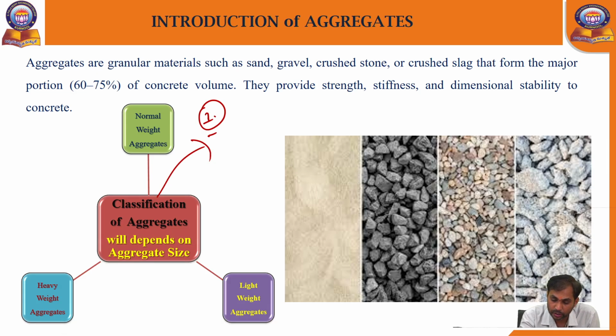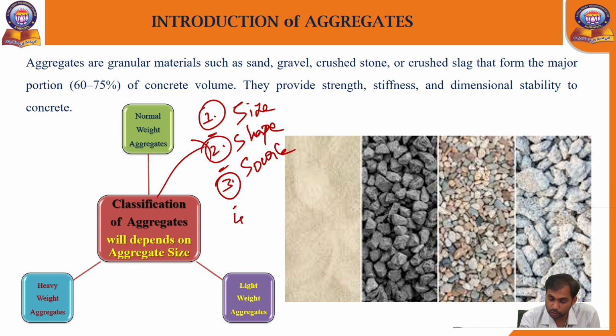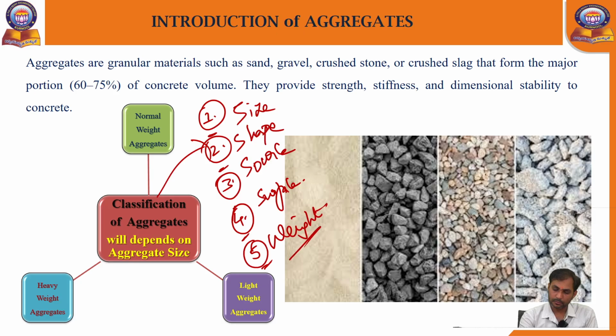One is according to the size, second according to the shape, third according to the source, fourth according to the surface texture, and the last, fifth one, is according to the weight. See, S power 4: the size, the shape, the source, and the surface texture.